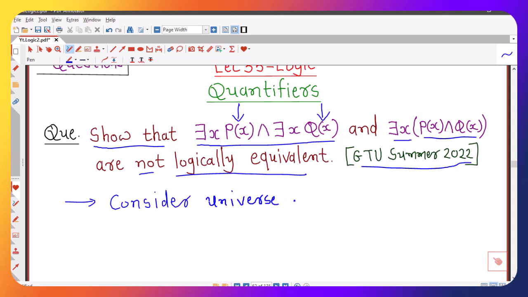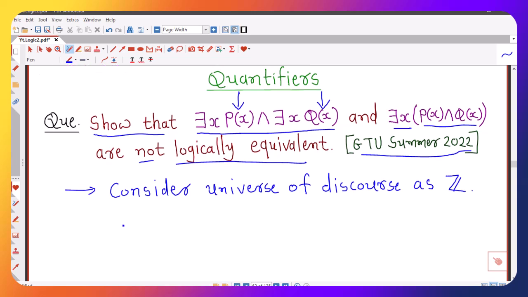Consider the universe of discourse, which is another name for domain, as the set of integers, which we denote by Z, and we consider p(x) as those integers which are positive.